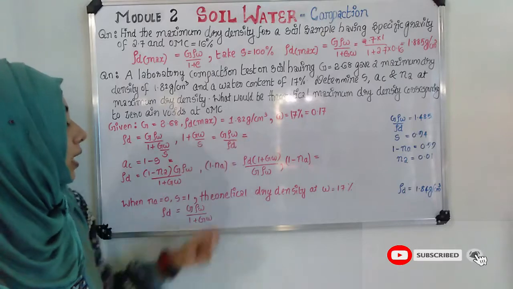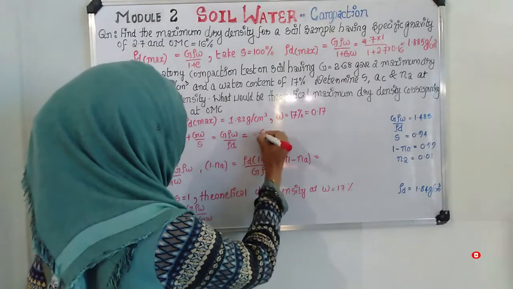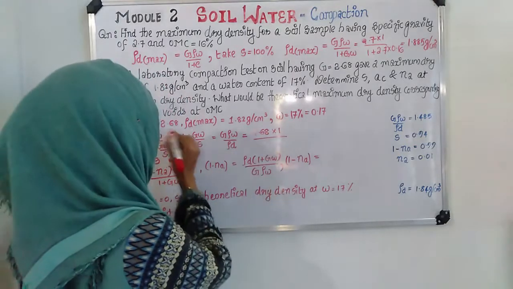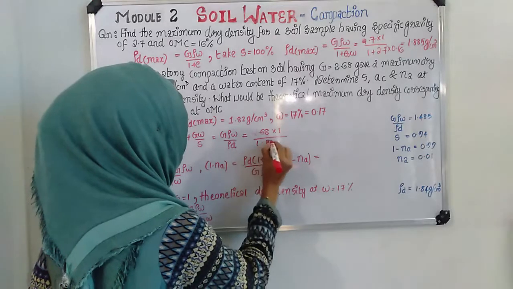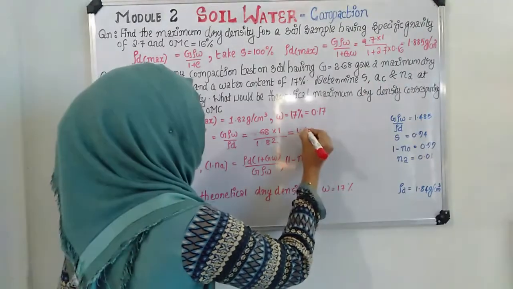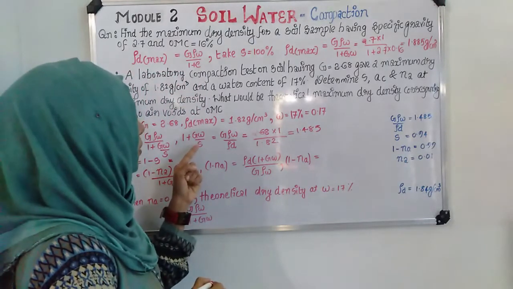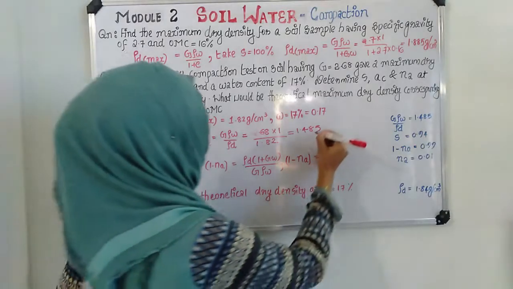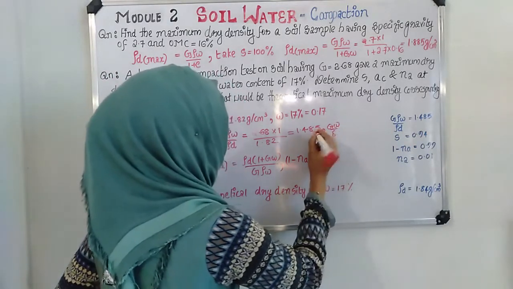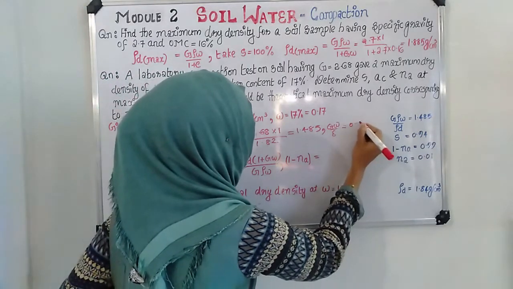Substituting G as 2.68 into rho W equal to 1 divided by rho d 1.82, we obtain a value of 1.485. Then GW by S is equal to 1.485 minus 1, which is equal to 0.485.